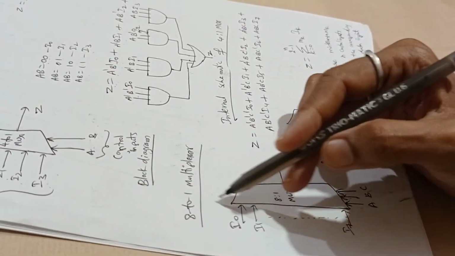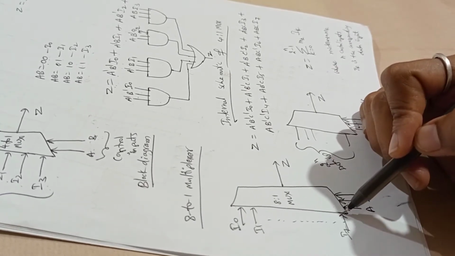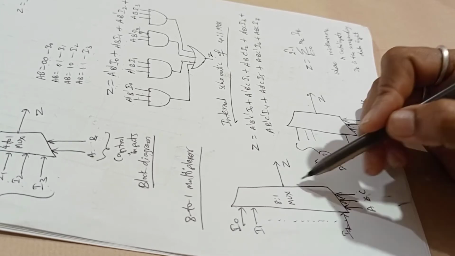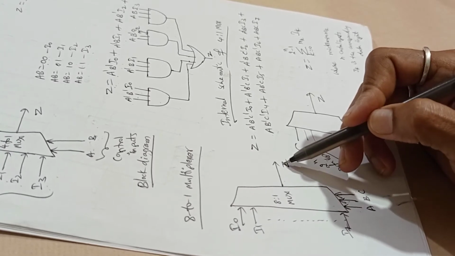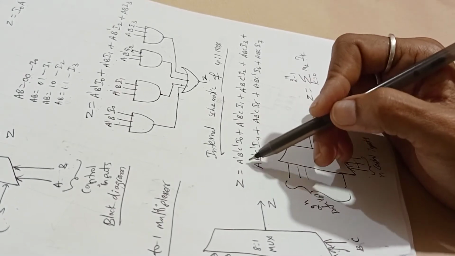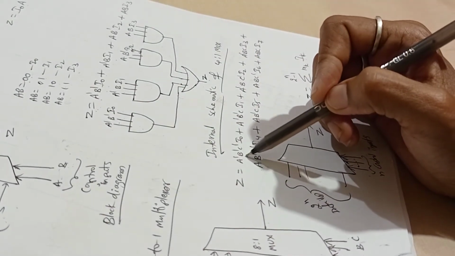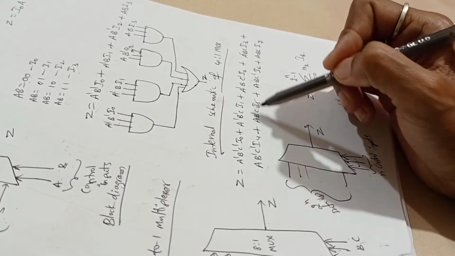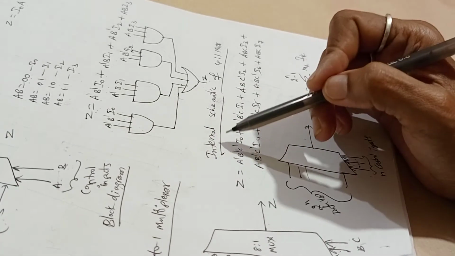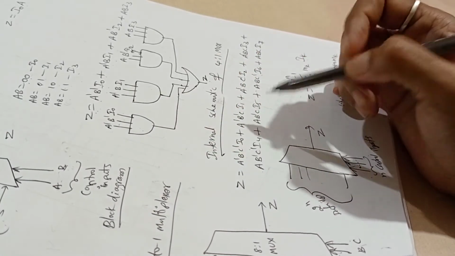It is the same for an 8:1 multiplexer: 8 data inputs and 3 control inputs, and Z is the output. Now the same representation with the combination of A, B, C control inputs. Again, you can draw the internal schematic of the 8:1 the same way.